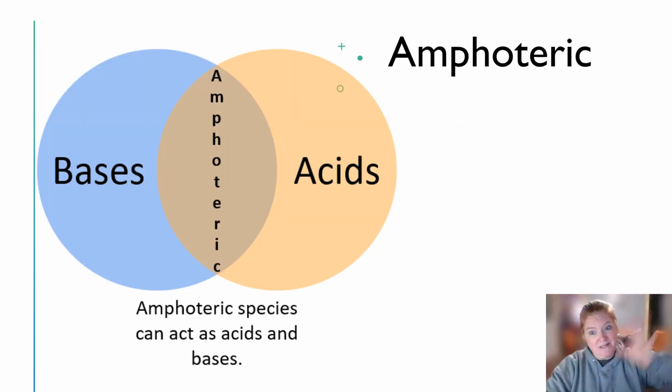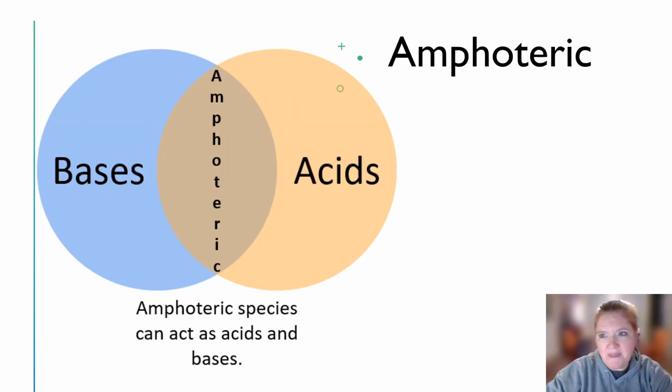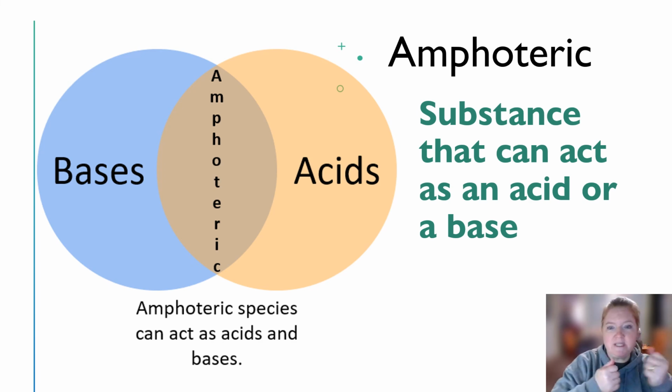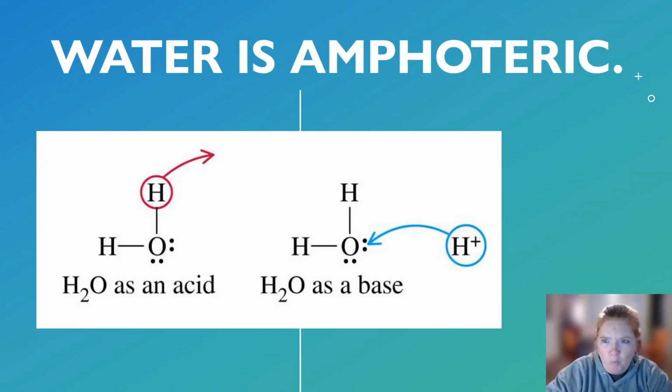But then we throw something else in there. Some things are amphoteric. I just like to think ambidextrous. You know, that means you can write with both hands. Well, amphoteric means a substance that can act as an acid, but it can also act as a base. Water is one of those few substances that's amphoteric.